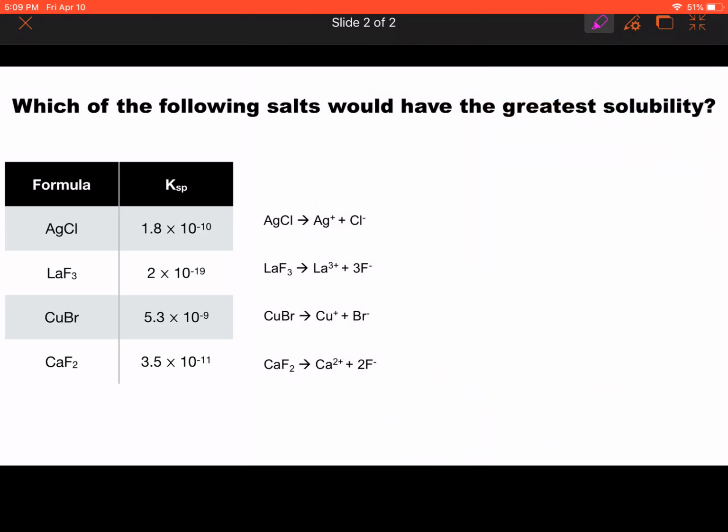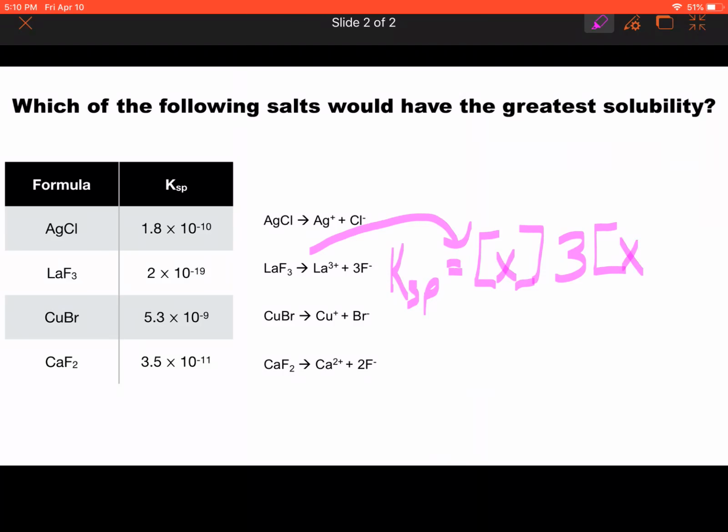So now we have lanthanum fluoride. Our KSP is equal to X, which comes from lanthanum, times 3X cubed. And so we have to include that 3 here, because for every 1 lanthanum ion that is produced, you produce 3 fluoride ions.